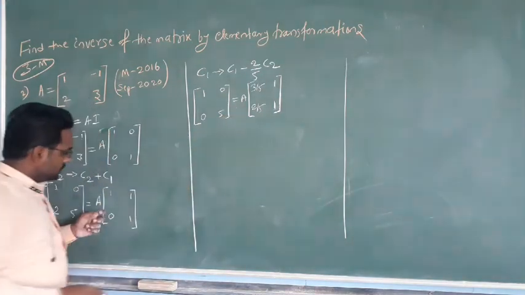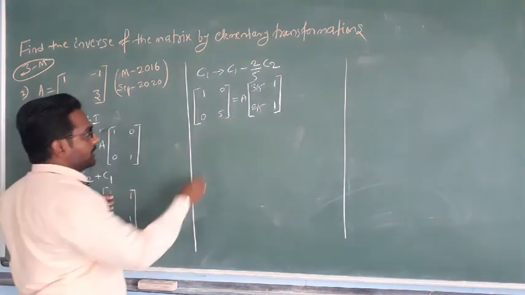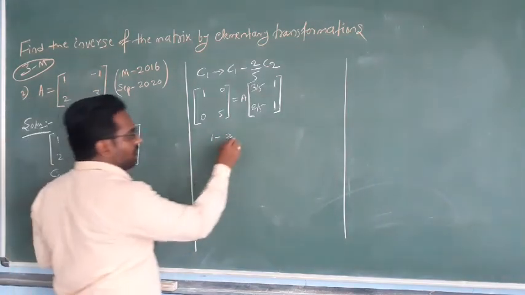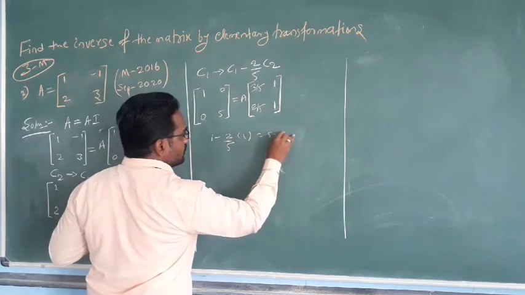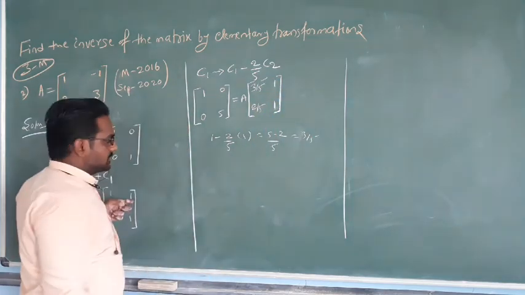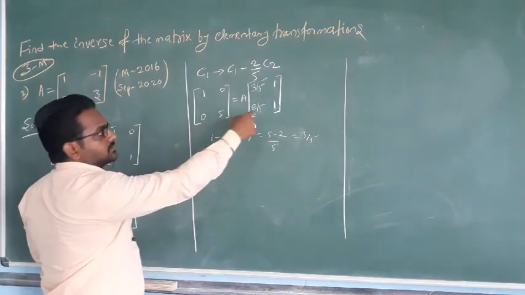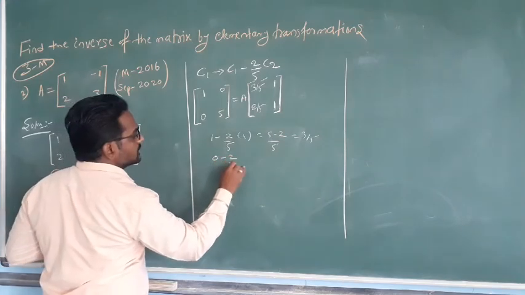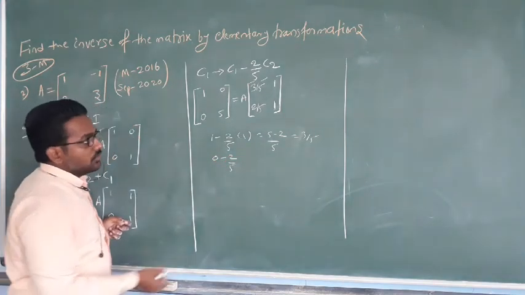So A, the first column value is 1. 1 minus 2 by 5 C2, that is 1 here, students. So 5 minus 2 by 5, that is 3 by 5. I wrote here the second value of the first column, that is 0 minus 2 by 5 into 1.